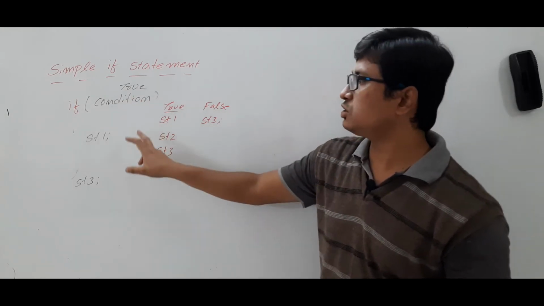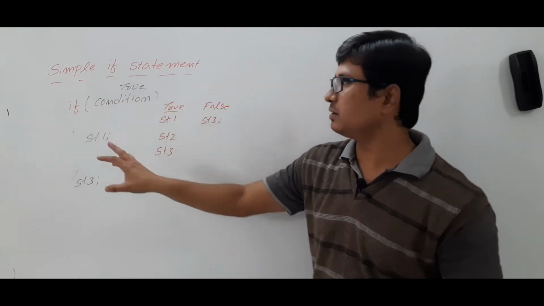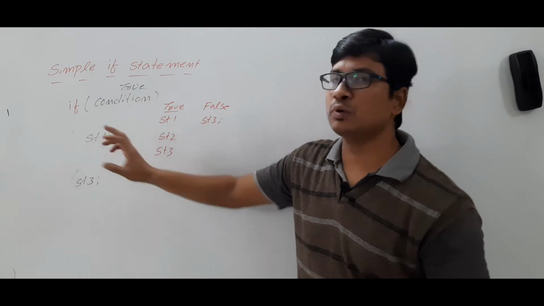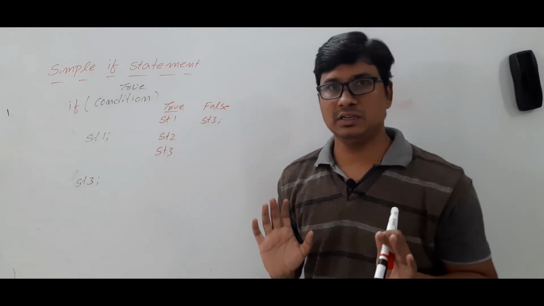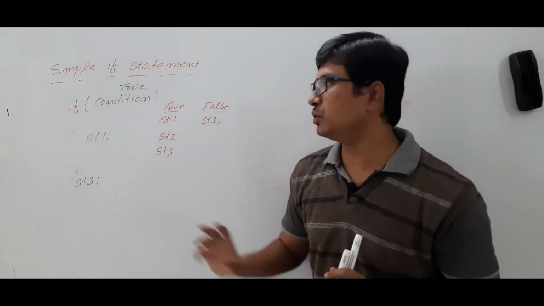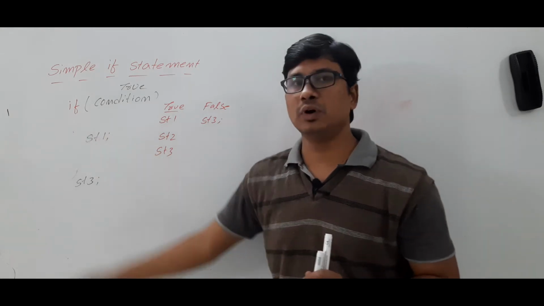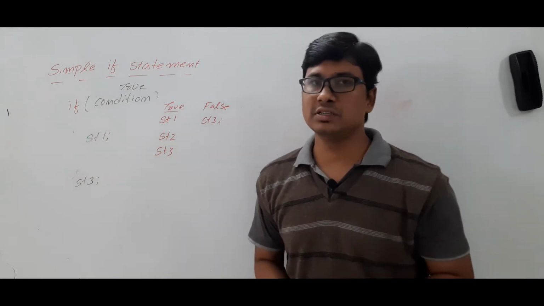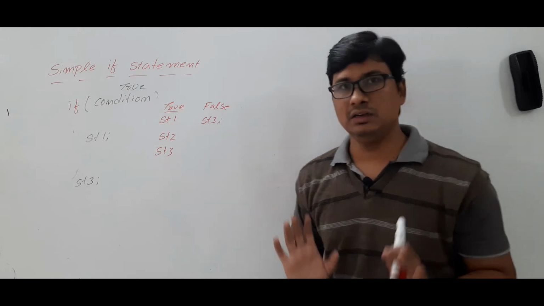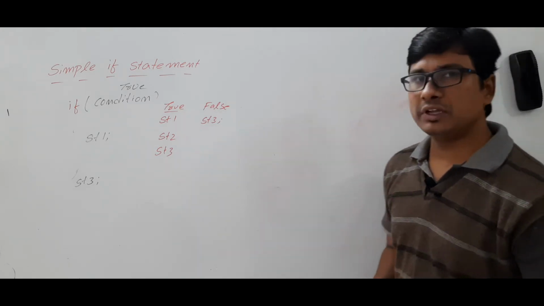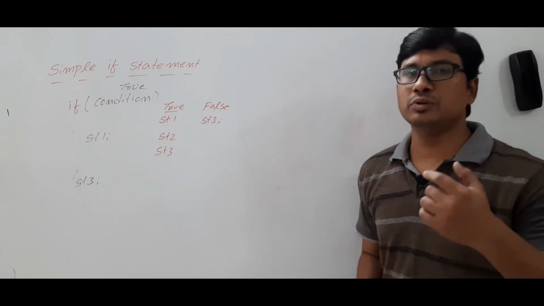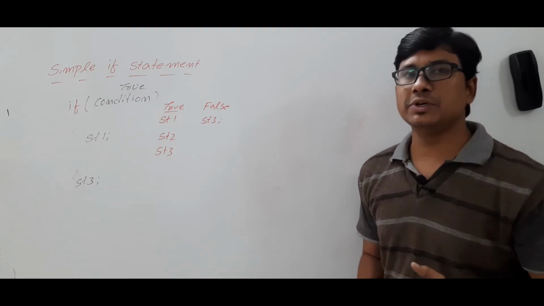If the condition is true, statement 1 will be executed. If the condition is false, statement 1 will not be executed. Is it clear? I hope you have understood this. If you have a single statement, the open braces and closed braces are optional.